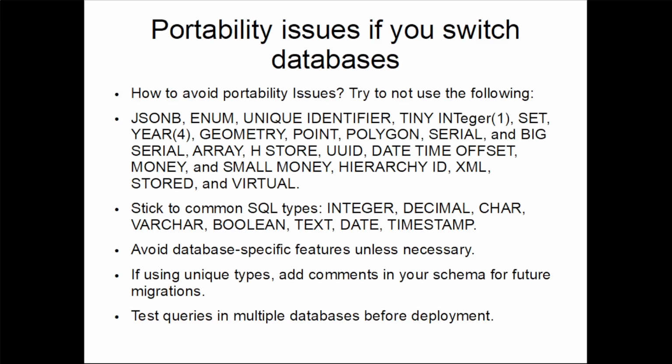Some unique data types may cause portability issues if you switch databases. My advice: do not use them, unless you really have to. Here are the data types I try to avoid.